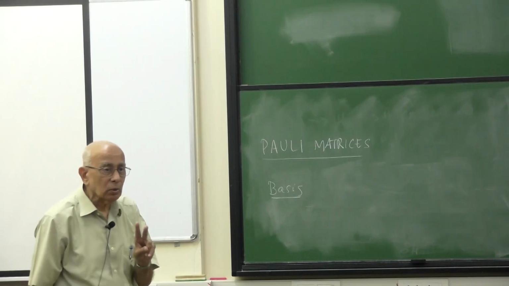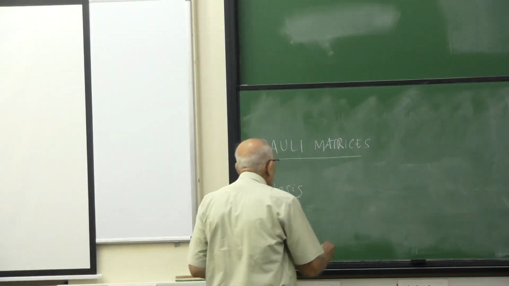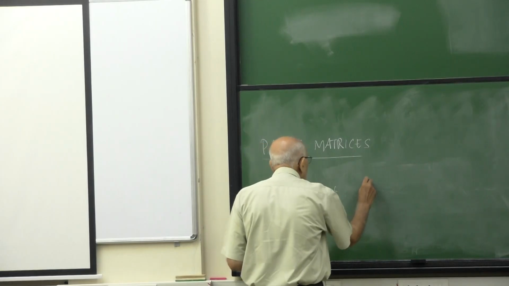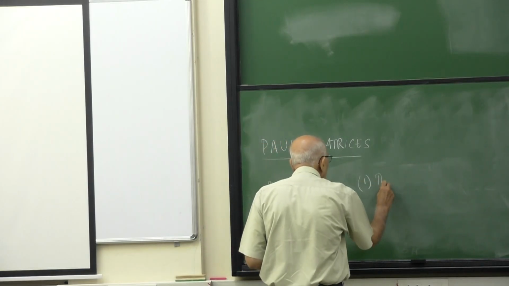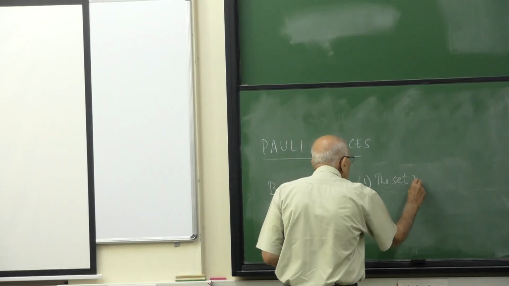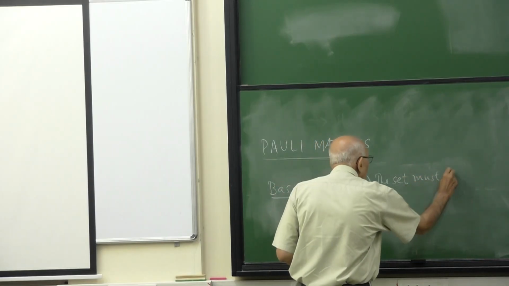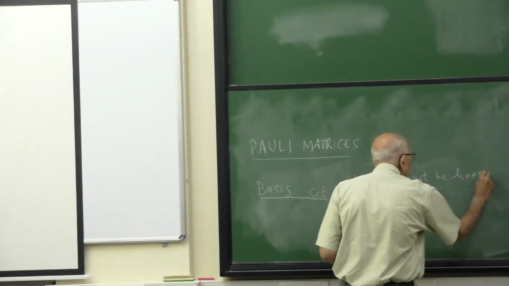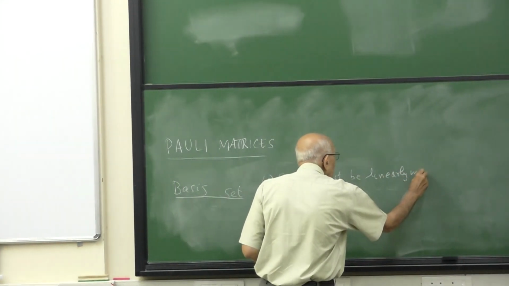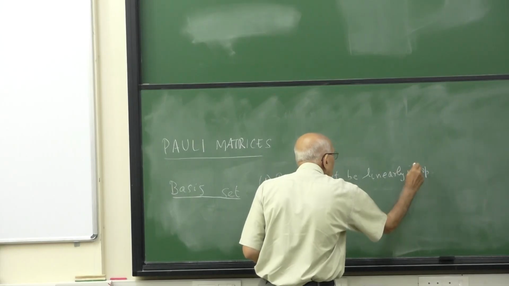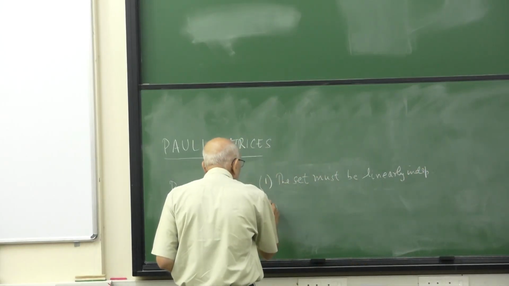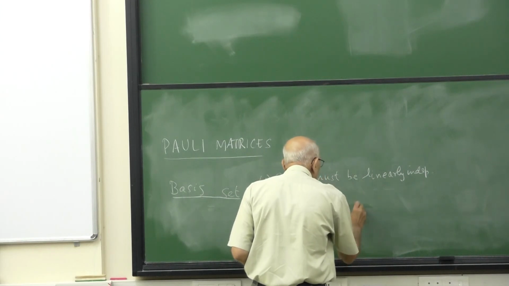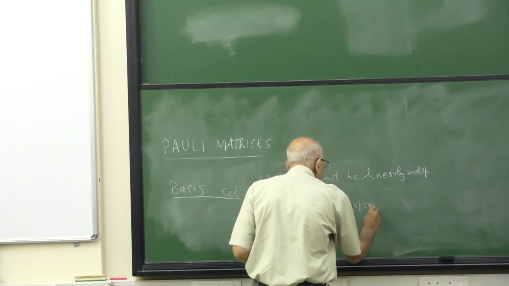They are mutually exclusive in some sense. 1, the set must be linearly independent and 2, the set must span the space.